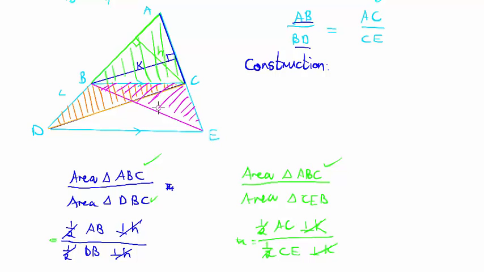Now, can you maybe tell me why these two triangles would have the same area? I know they have the same area because they're the same triangle, but why would these two have the same area? Can you see?